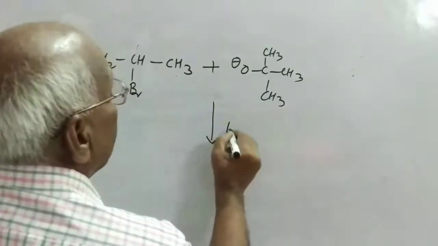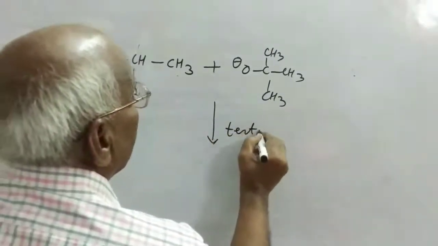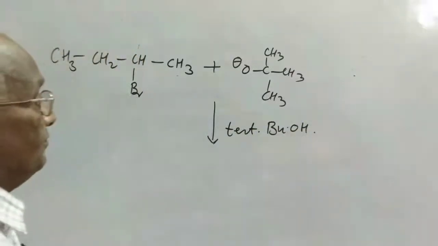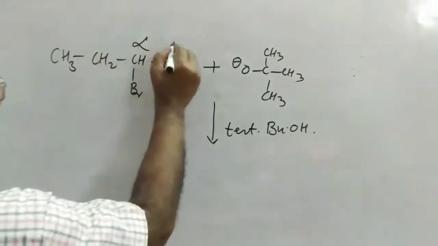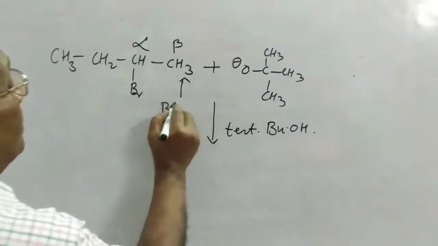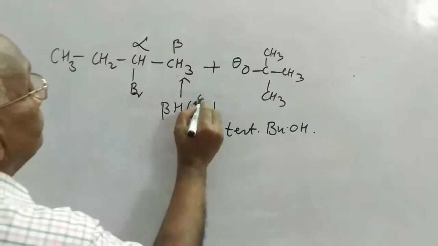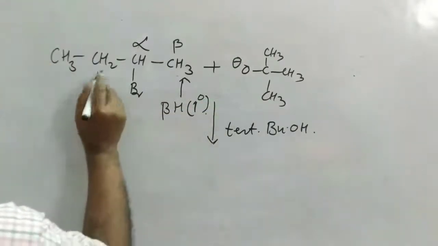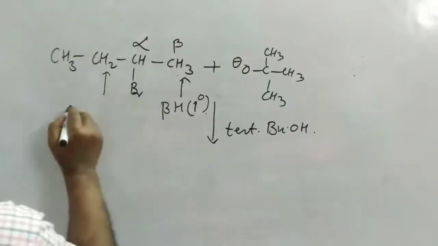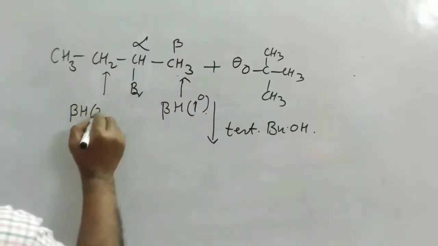Reaction is carried out in tertiary butanol, tertiary butyl alcohol. This is alpha carbon, this is beta carbon. This carbon has beta hydrogen 1 degree, and this is beta hydrogen 2 degree.